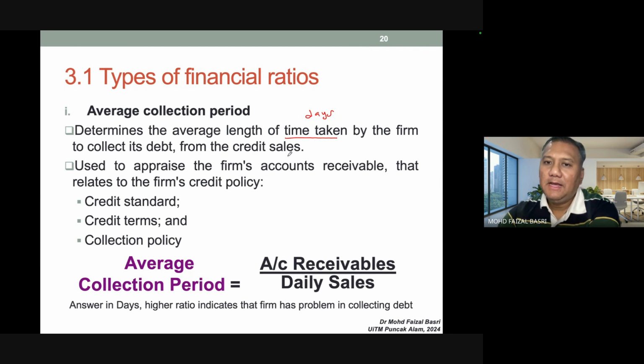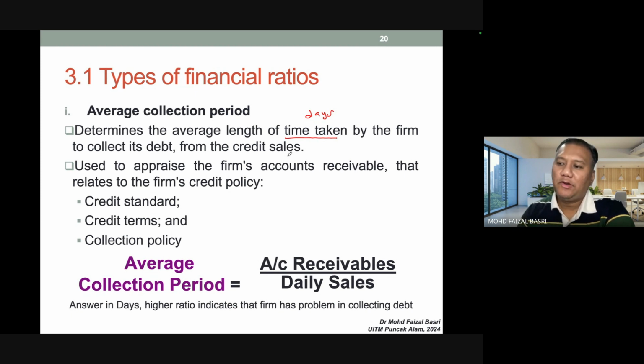So when they allow customers to pay on credit, obviously they have to do collection. Either they give a credit term of a number of days for the customer to pay, or sometimes they have to send reminders to collect. So this ACP indicates how long on average the company takes, over a year, how many days it takes to get the sales back in cash.